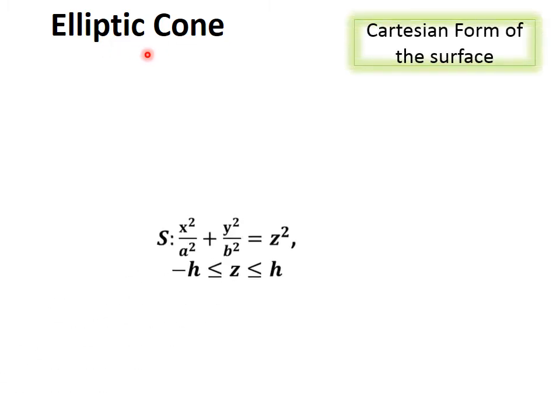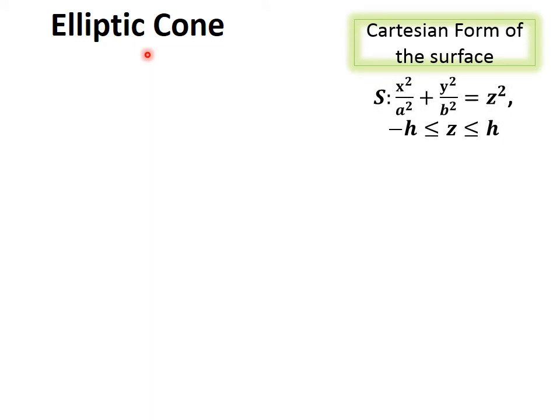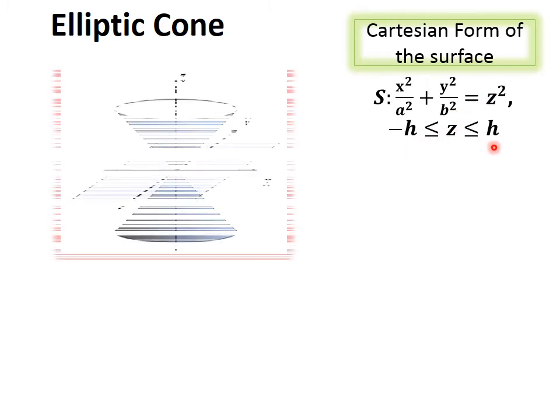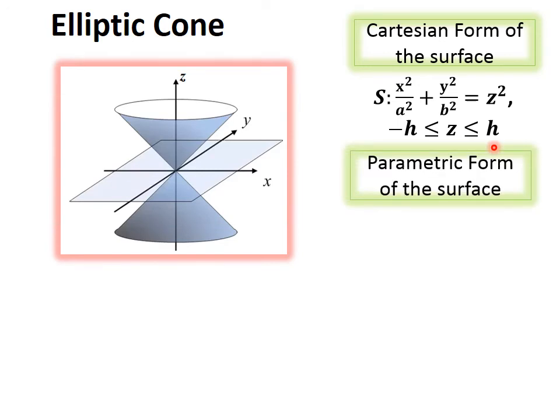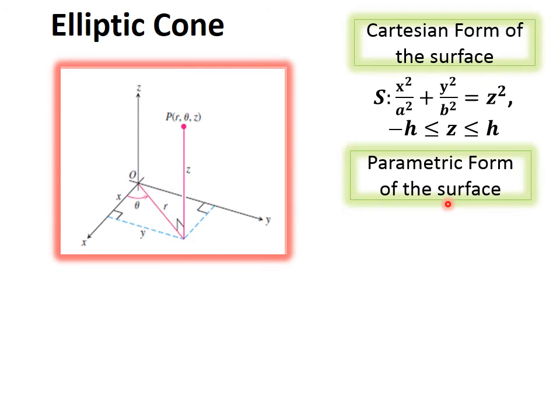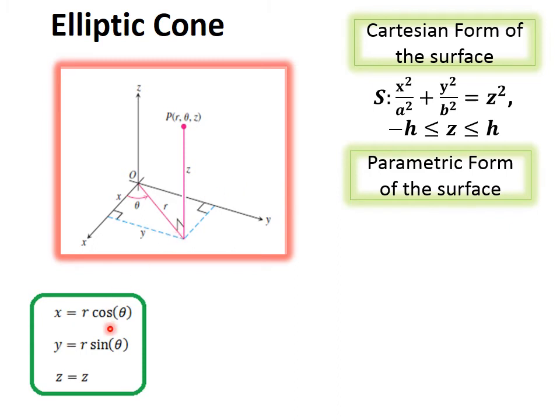In a similar way, we will visualize the surface elliptic cone. As the name suggests, the generating curves are ellipses and a straight line. The Cartesian form of the surface elliptic cone is x square by a square plus y square by b square equal to z square. z varies from minus h to h. For the parametric representation of this surface elliptic cone, we are using cylindrical coordinate transformation because this surface also has angular variation as well as height variation.